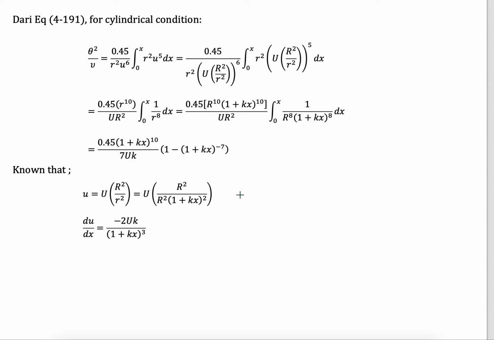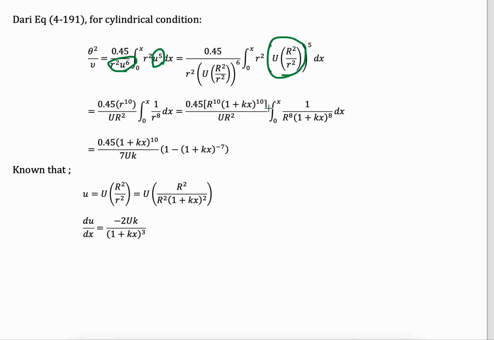Because we are solving the cylindrical shape, we use the polar form, and substitute the velocity profile for u here. Then we do the integration with respect to dx.